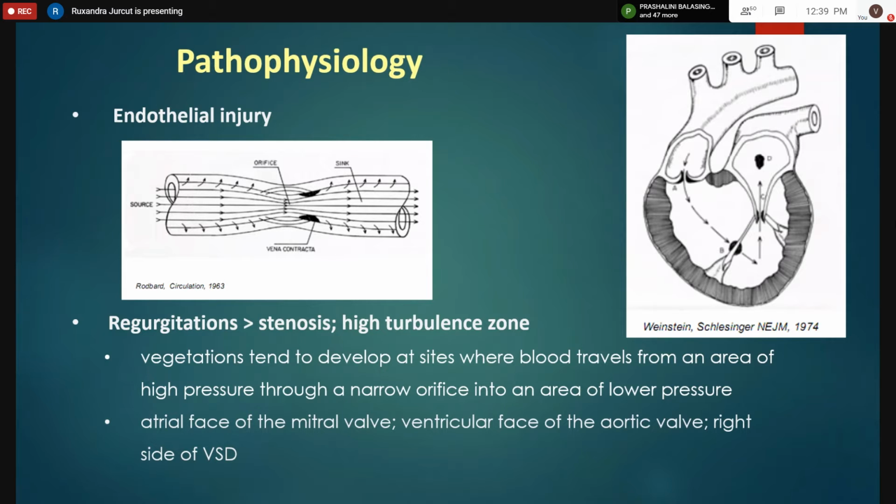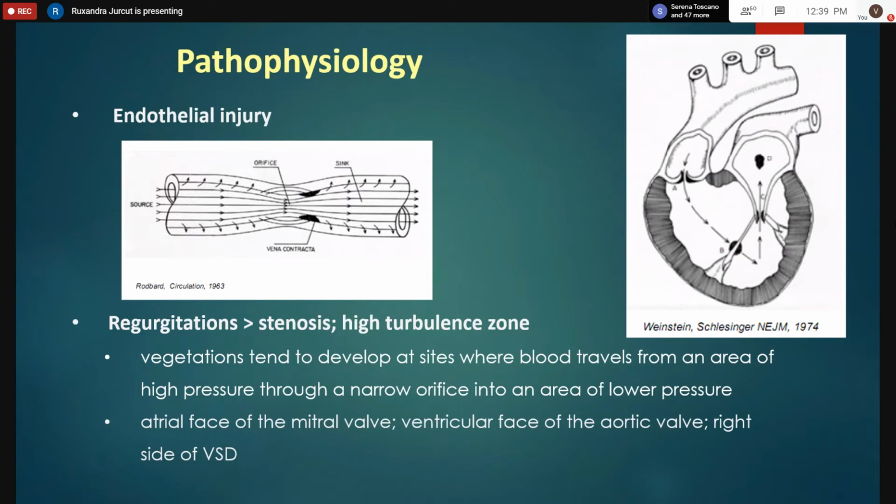Because if the endothelium is injured, then the organism makes an effort to repair this injury, and that is the place where the vegetations would appear. Generally, vegetations are more prone to appear in valvular regurgitations than in stenosis. However, we can see patients with aortic stenosis and vegetations, and it is not so rare.